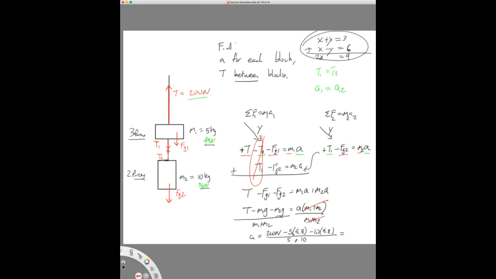So let's see what we get there. 3.53 meters per second squared. Okay, so that's the first part, to find a. Any questions about that?